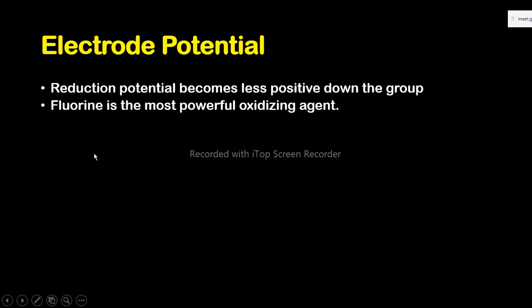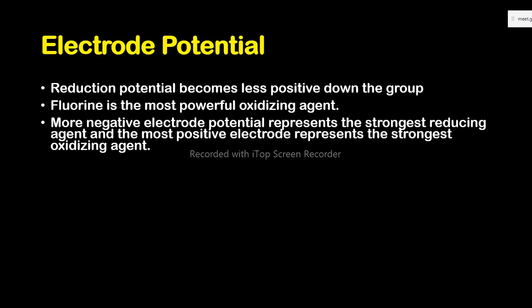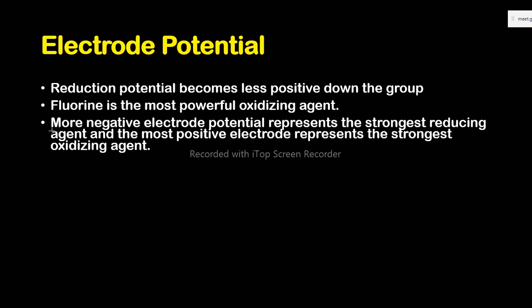And so chlorine, which is a more powerful oxidizing agent, is going to have the highest electrode potential. The more negative the electrode potential, we shall study all this in electrochemistry. That's where we shall enjoy. But the more negative the electrode potential, the stronger the reducing agent. And the strongest reducing agent is the one that gets oxidized.